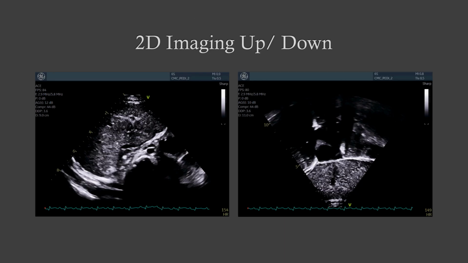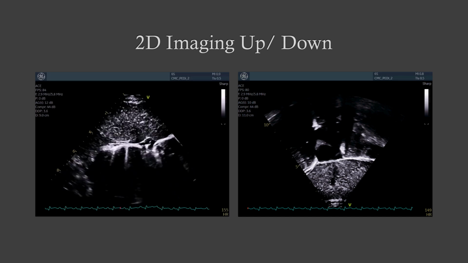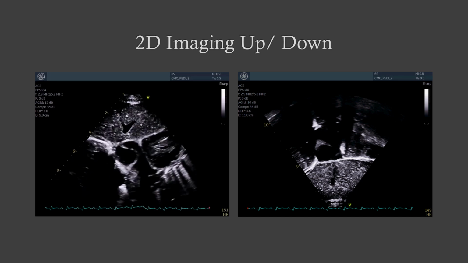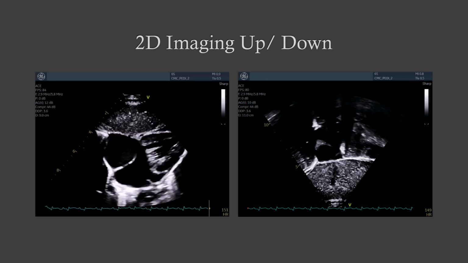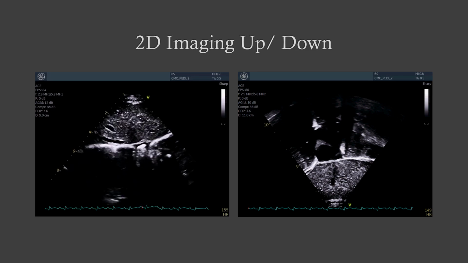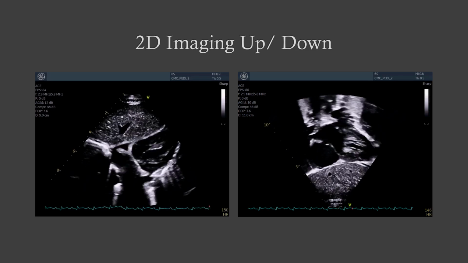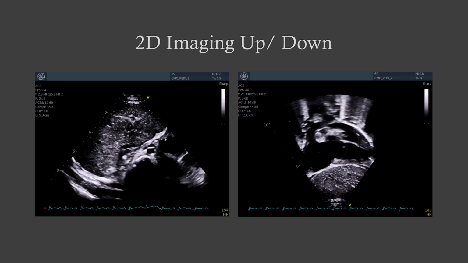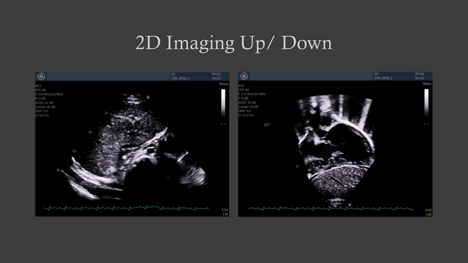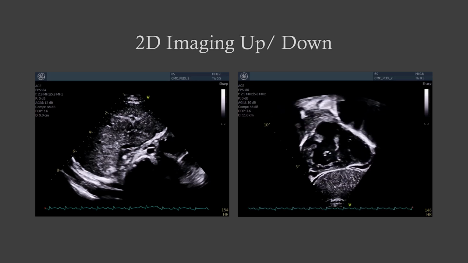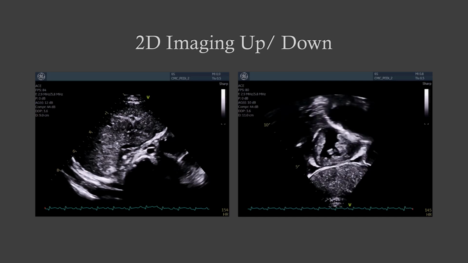And because an image talks louder than 1,000 words, here we have example of the image with the sector up. It's a side sweep. On the right hand side, we have an image with the sector down, and this is a coronal sweep from the subcostal view.